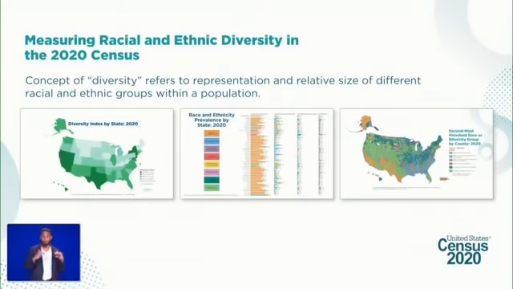Diversity is maximized when all groups are represented in an area and have equal shares of the population. We are using several approaches to measure the racial and ethnic diversity of the U.S. population. These include the Diversity Index, prevalence rankings and the diffusion score, and a series of prevalence maps.